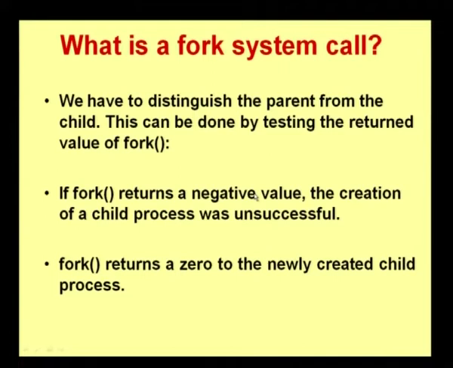We will compare this example of a fork, or creation of a child, with operating system process management. There are three types of values possible from a fork system call. If it gives a negative value, then the child creation is not successful. If the fork system call gives 0, then it means that a child has been created.